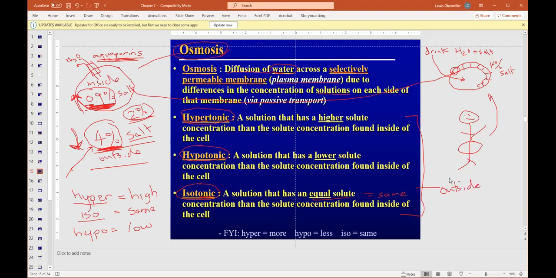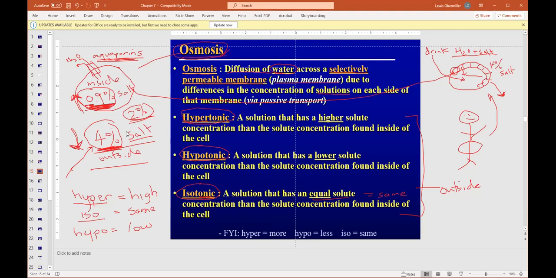of the cell, right? So go back to us drinking salt water. Why don't you want to drink seawater? What's going to happen to the water in these cells and in your body? They're going to go out of the cell. Go out, and it's going to increase the amount of water that comes out your butt, so it's going to give you diarrhea, and it's going to make you dehydrated because it's sucking the water out of you because of osmosis, right?